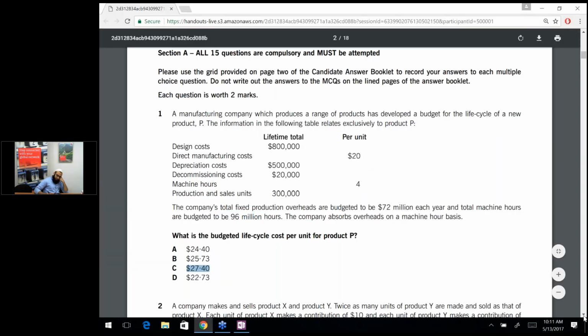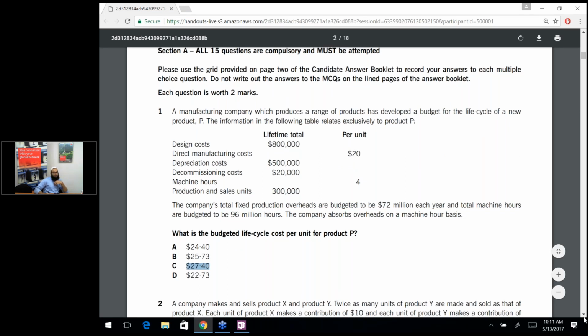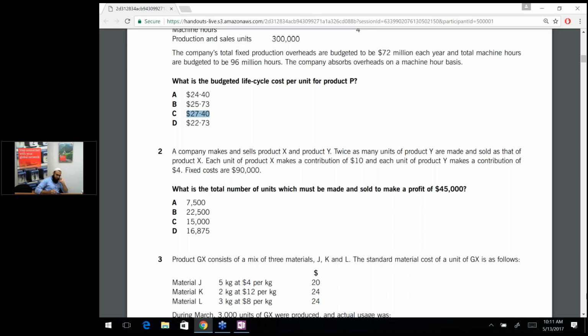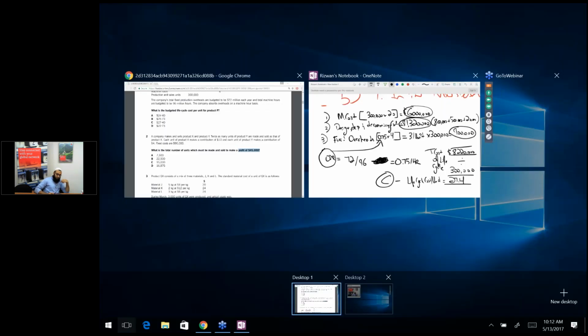Now let's come to MCQ number 2. This MCQ relates to CVP analysis, cost volume profit analysis. What you're required to work out is the number of units the company needs to sell to make a profit of 45,000. So basically this is a case of target profit. In case of target profit, you have a formula.